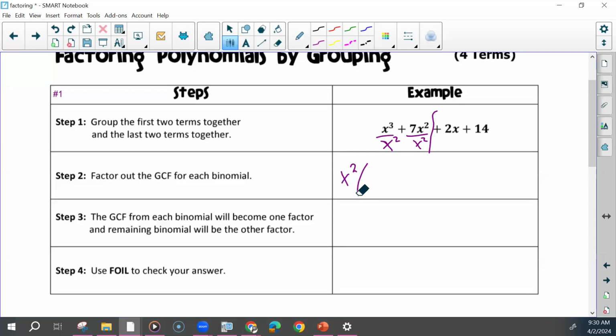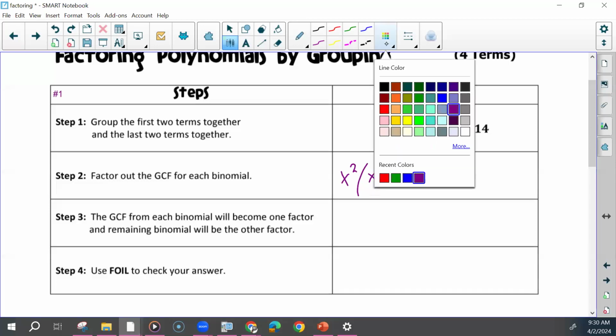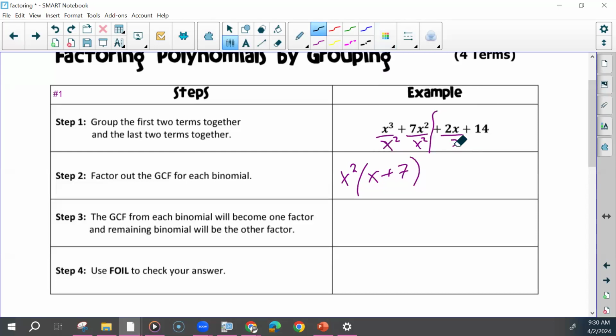What would be left? x plus 7. And then what could we divide out of these last two? Positive 2. And whatever this sign is, you're going to bring that down. So if we divide them both by 2, what's left?